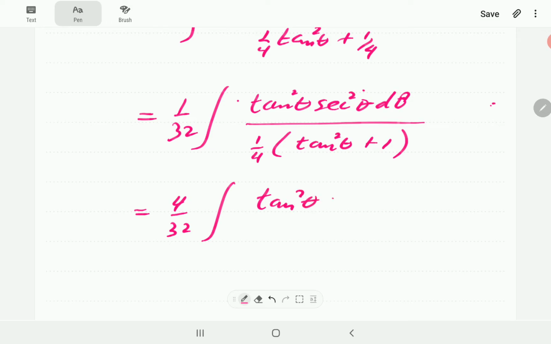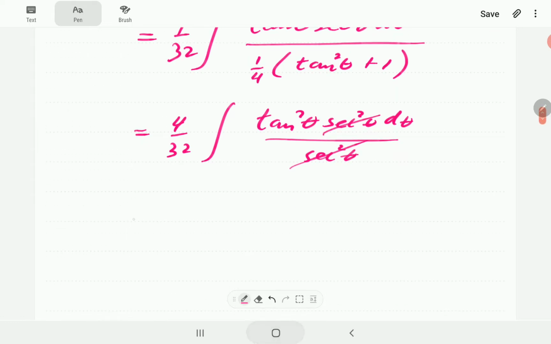So this is going to be tangent squared secant squared d theta. In the denominator we have secant squared, so secant squared cancels out, so this is 1 over 16 tangent squared.